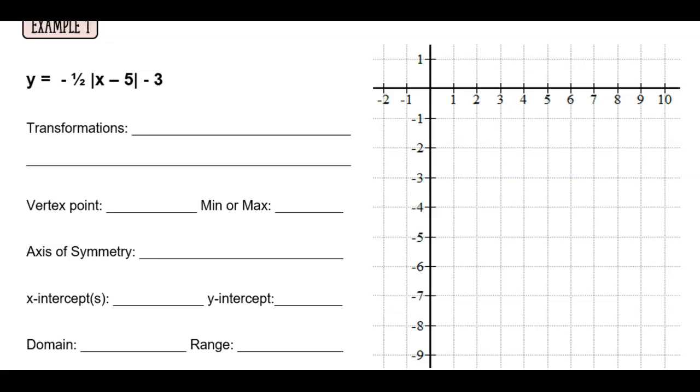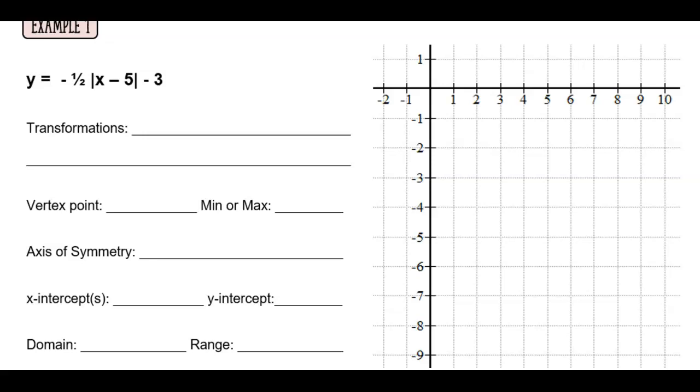X-axis, okay? So that negative means it reflects across the x. Now, what does this 1/2 mean? It's a vertical something. Which one? Compression. Why is it compression? Because it's less than 1, right? So if it's smaller than 1, it's going to compress, small. If it's bigger than 1, stretch, okay? So it flips over, it's vertically compressed.